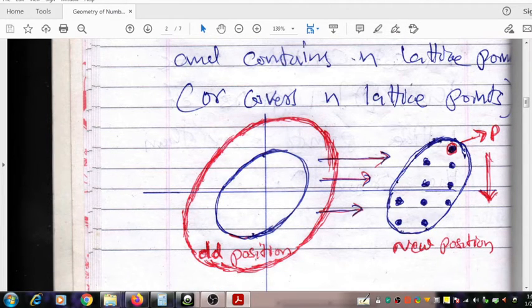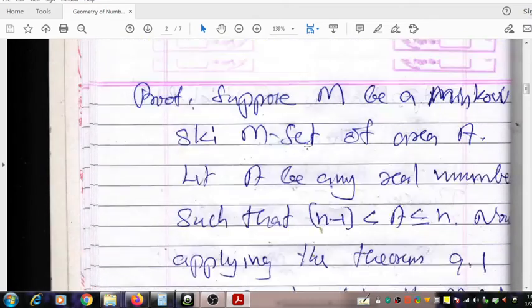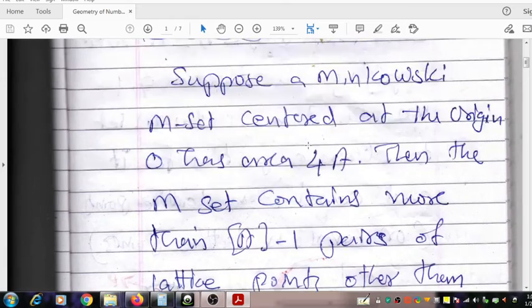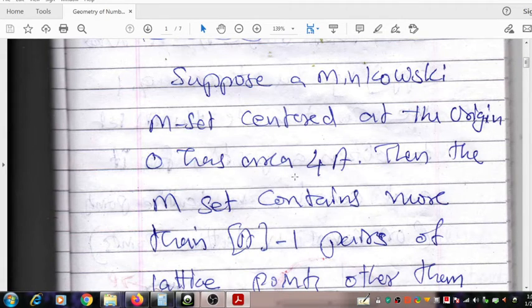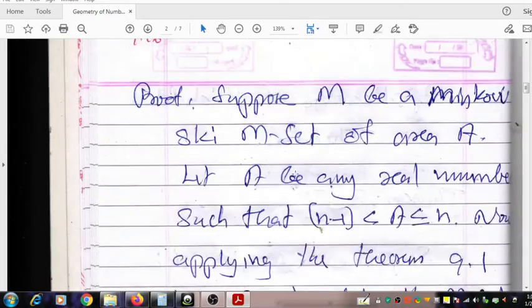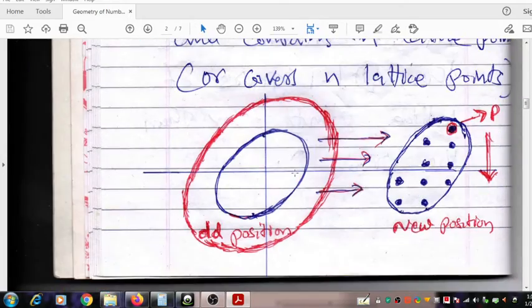In the beginning we are given an M set, drawn here using red color, and its area is 4 times A or greater. So let's refer again to the statement. It has area, suppose which is centered at origin, 4A. It is stated that it is 4A.